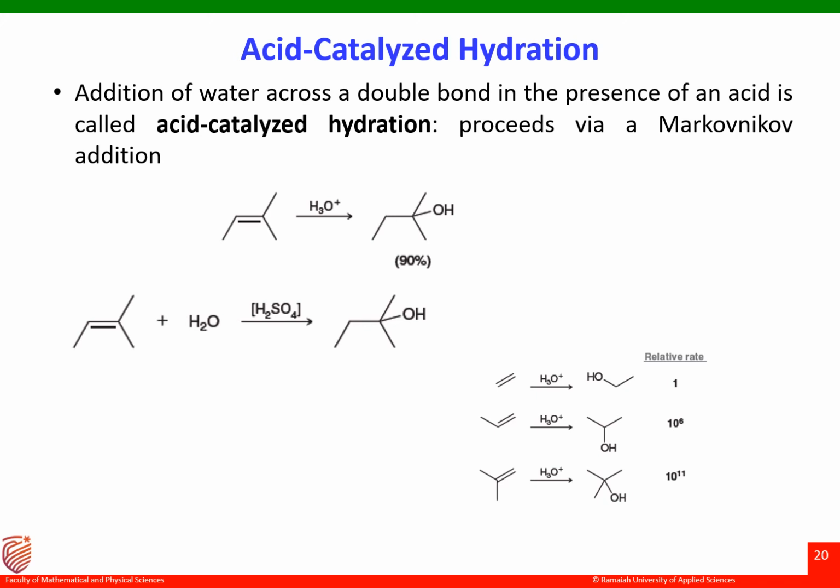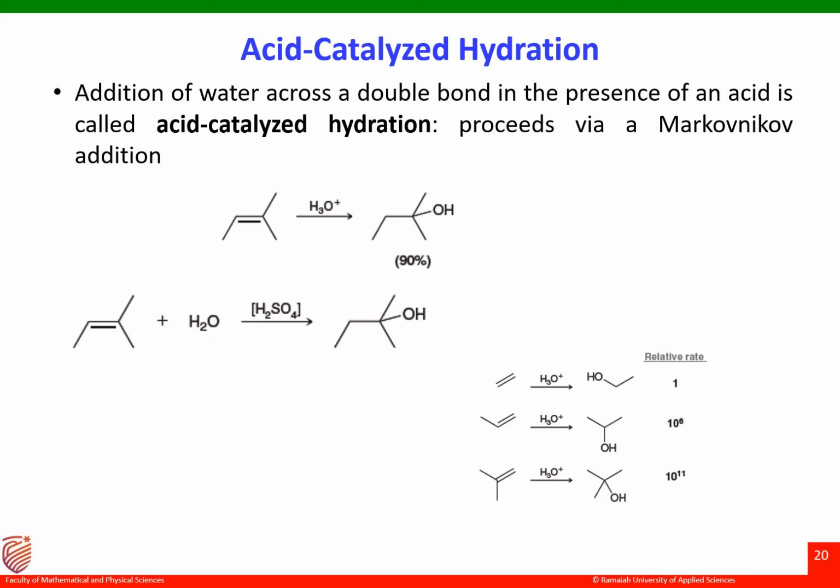The rate of acid catalyzed hydration is very much dependent on the structure of the starting alkene. In the table given here, we compare the relative rates of three reactions, and we can see the effect of alkyl substituents on the relative rate, right?